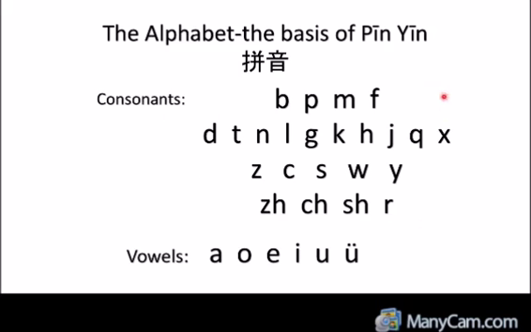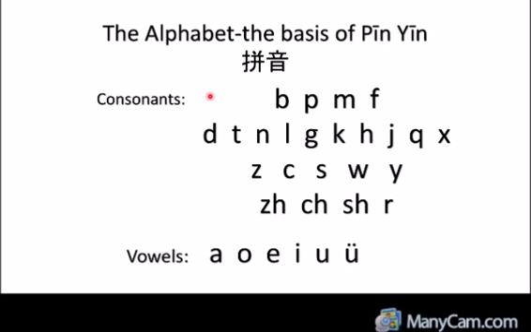The consonants, now I've grouped them in 4 different rows for a reason, because as you'll see, I'm going to go through them in these rows because each row has a different sound ending. The consonants are mainly used at the beginning of words.